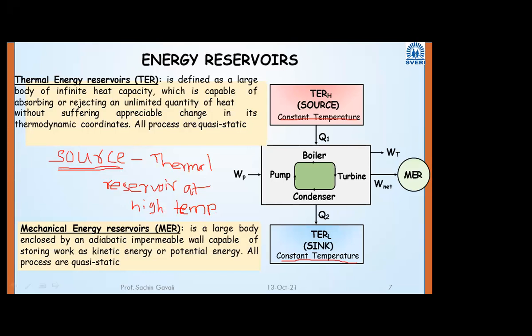Now everybody got the source, and then sink. Another type of thermal reservoir is what? Sink. What is sink? Anybody? Yeah, at low temperature. Very good. A sink is a thermal reservoir which is at low temperature.